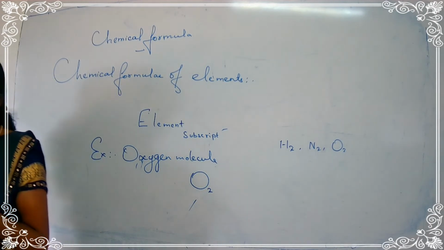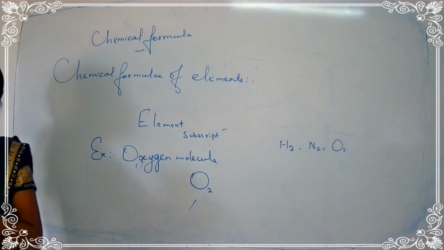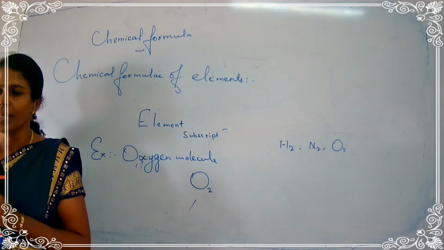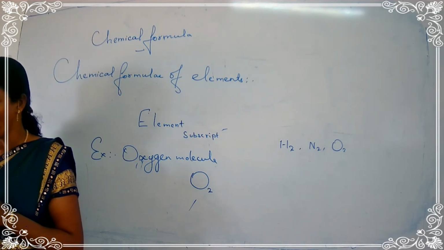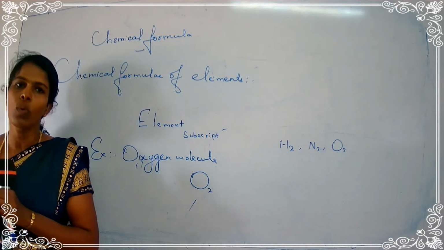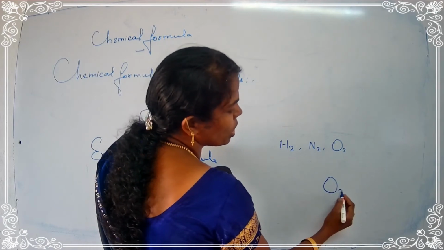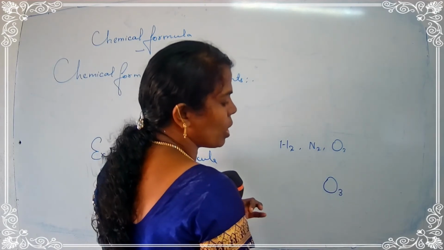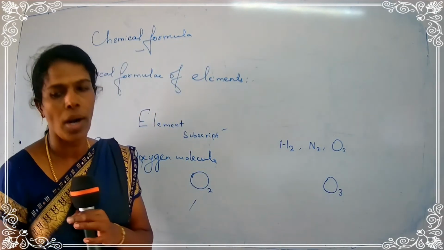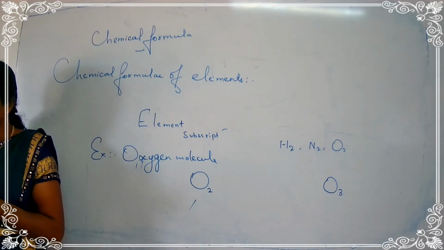Now, a molecule of an element composed of 3 atoms is called triatomic. For example, ozone. What is the molecular formula of ozone? O3, so it has 3 atoms. This is an example of triatomic.